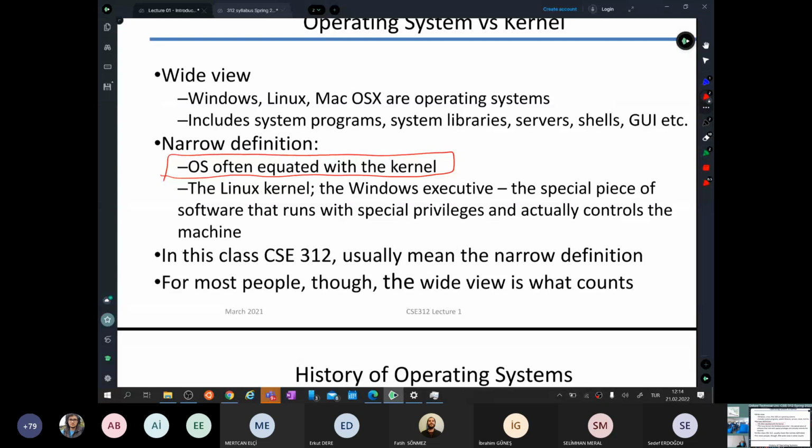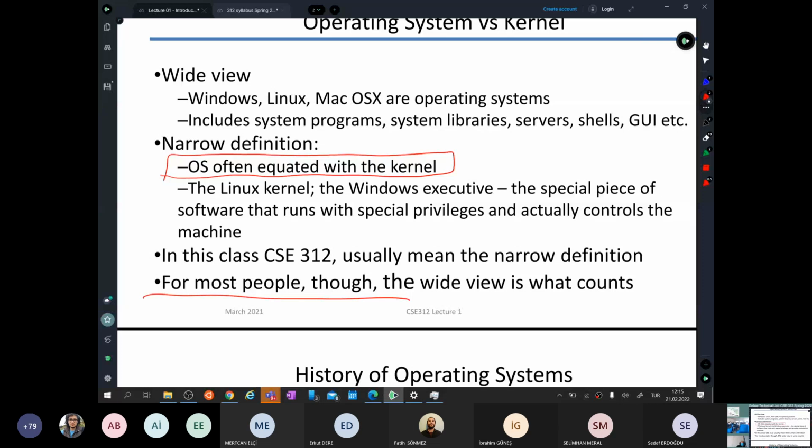We call that piece of code an operating system. But for most people, when you say Windows or Linux or Mac OS, they mean the whole software that comes with the computer, maybe. So keep this in mind in this course. From this point on, whatever runs in the kernel mode is the operating system.